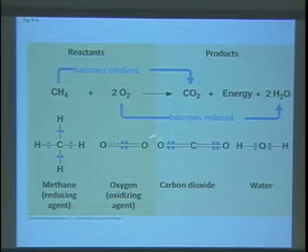And so you can see here that in this reaction, once carbon dioxide is produced, these electrons are held much more strongly towards the oxygen in each bond, right? Because oxygen is very electronegative.